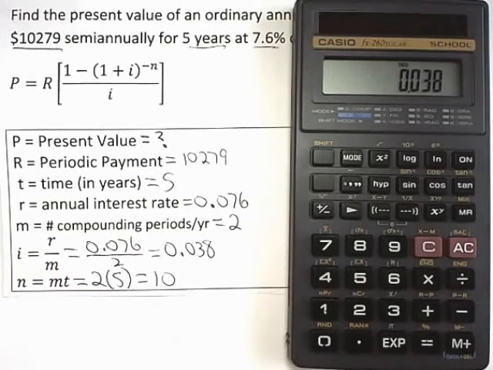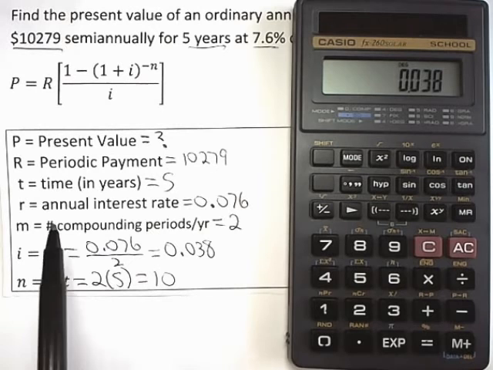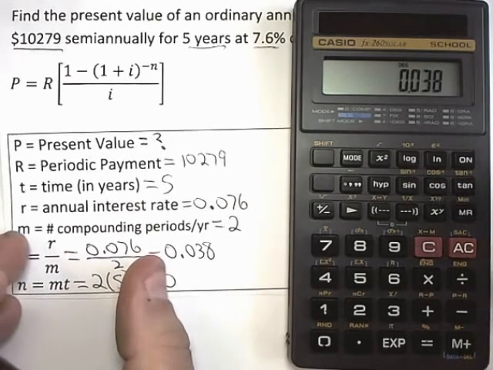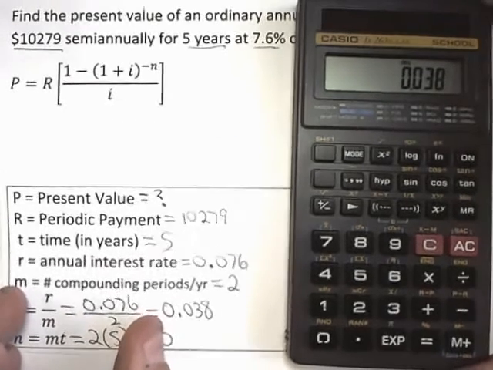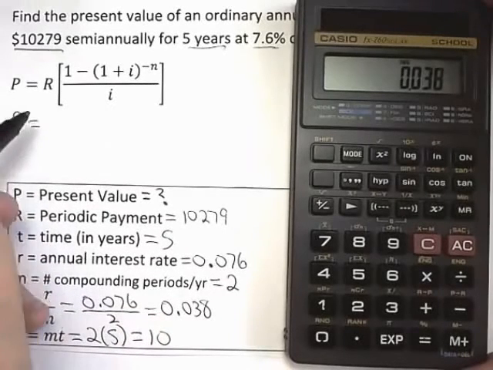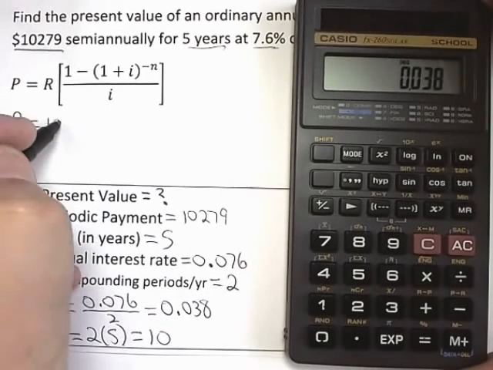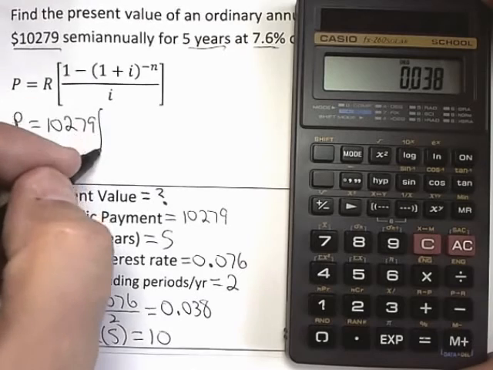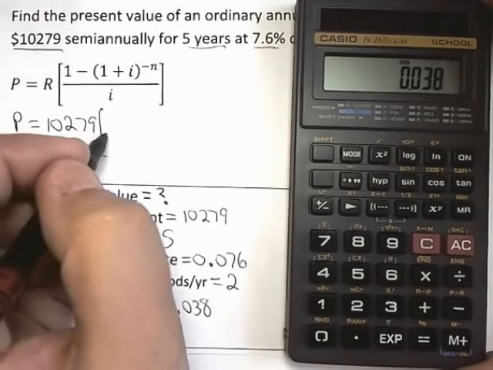Now once you've gotten those values, you simply plug them into the formula and use your calculator to solve for capital P. So let's just do that. We're looking for capital P. Capital R is $10,279. And you've got this fraction.